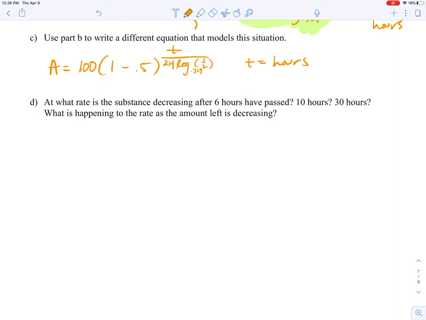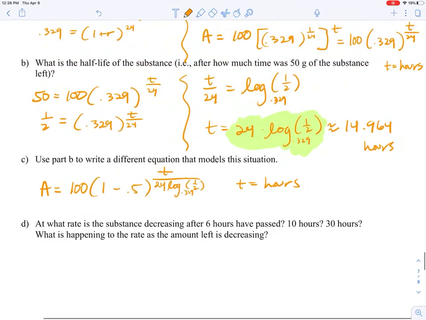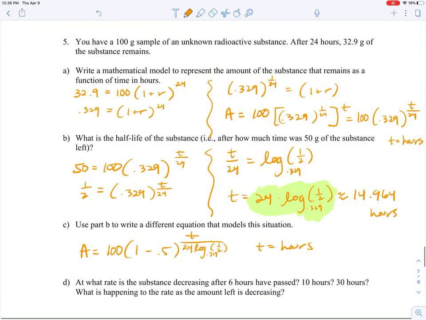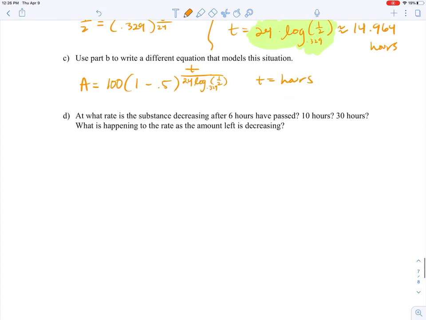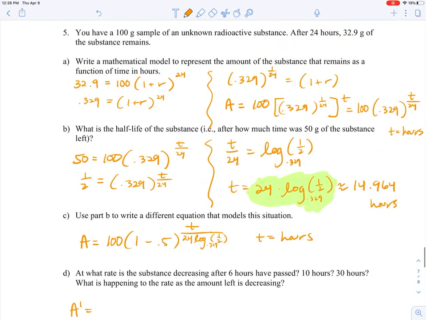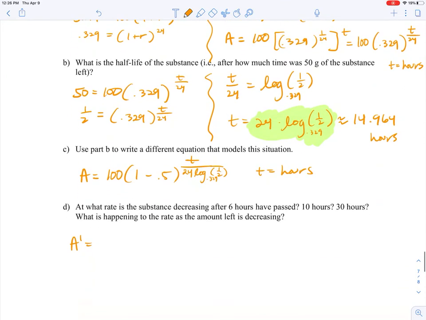Okay, and then for at what rate is the substance decreasing after 6 hours have passed? So for that rate, what we're referring to is grams per hour. So after 6 hours, what's that rate? And then 10 hours, 30 hours. So we want to find A prime.